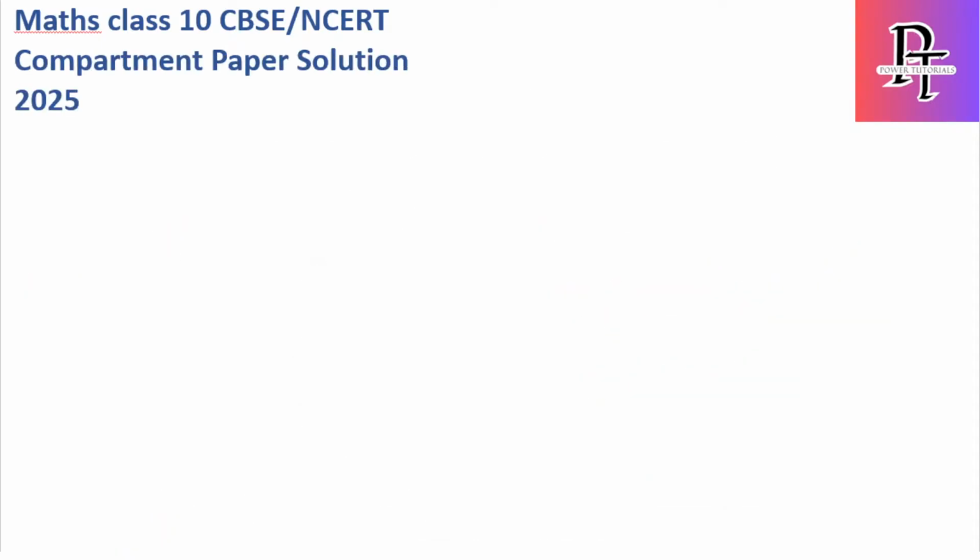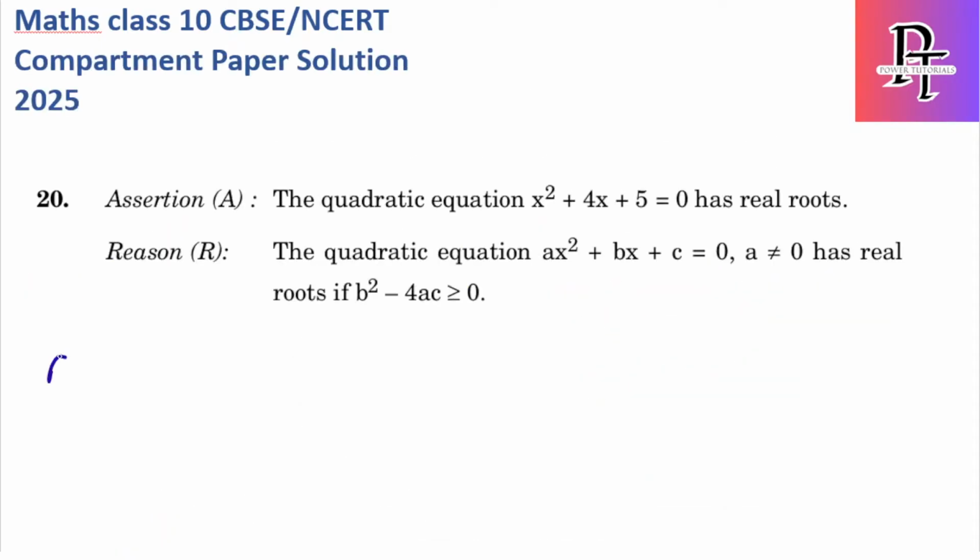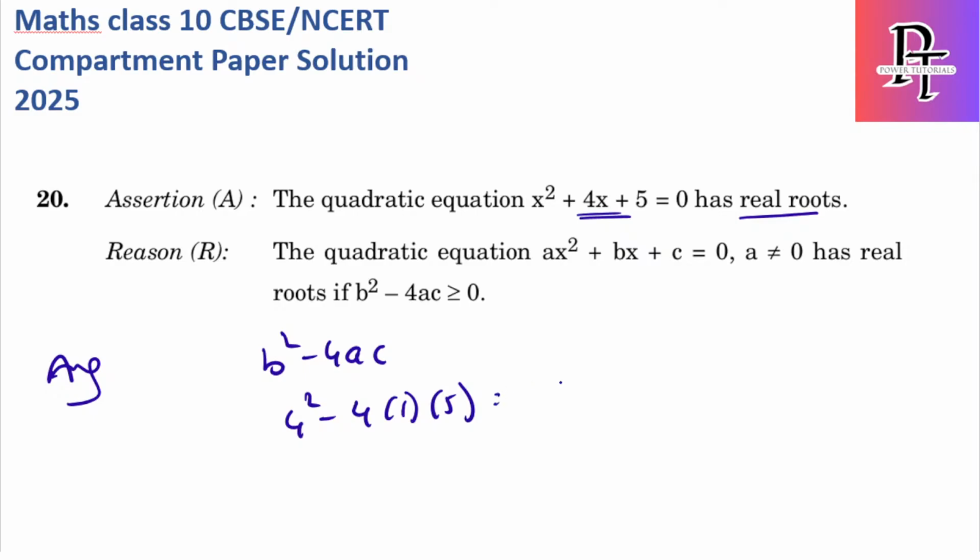Next move to the last question for today, which is the 20th question. The quadratic equation has real roots. How to identify whether it has real roots or not? We have to just find b square minus 4ac, and if this value is greater than or equal to 0, then you can say that the roots are real. The b value is 4 here, so 4 square minus 4 into a value, which is 1, into 5. 4 square is 16 minus 20, so I am getting a negative value here.